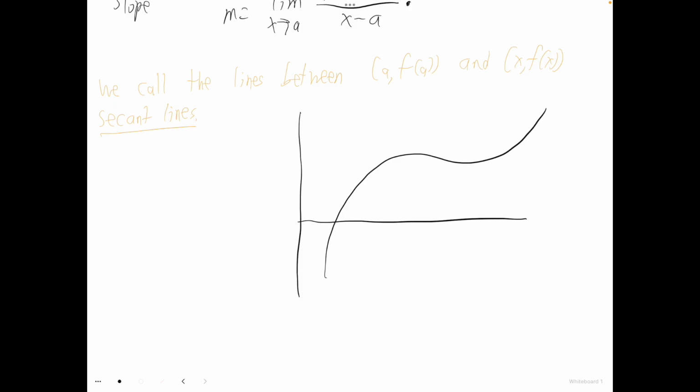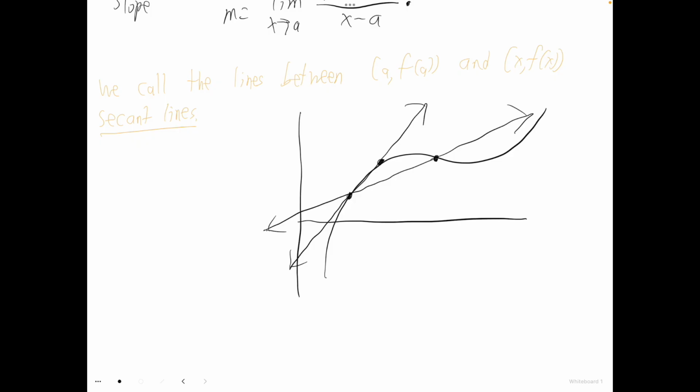All we mean by a secant line is if we have these 2 points and we draw the line going between them, this is an example of a secant line. And if we picked another point, the line going between those is also a secant line. And then the tangent line is the limit of the secant lines as the points get close together.